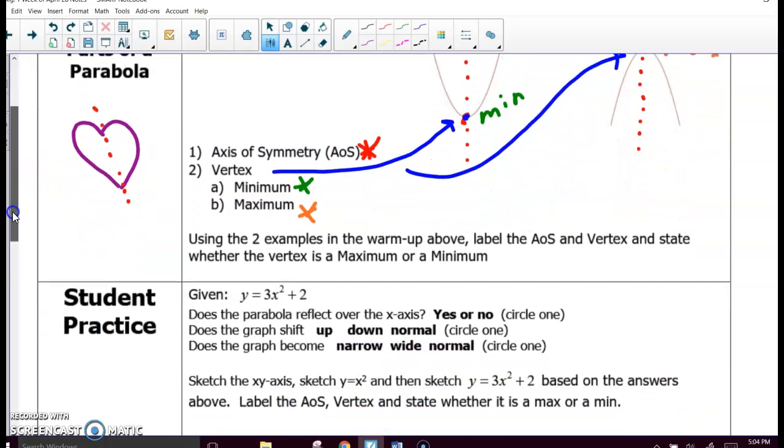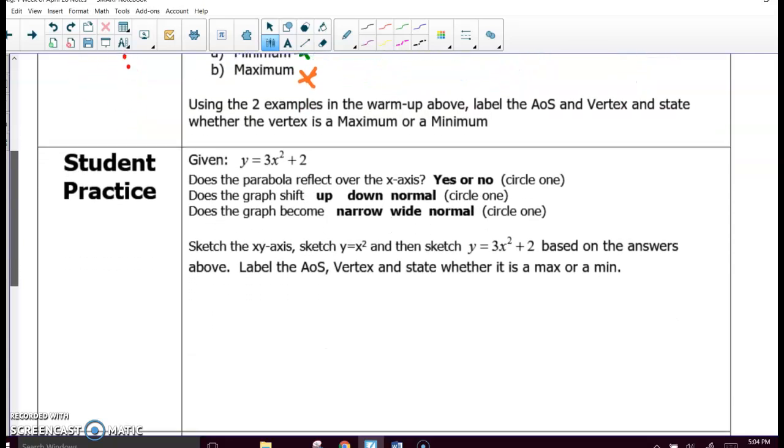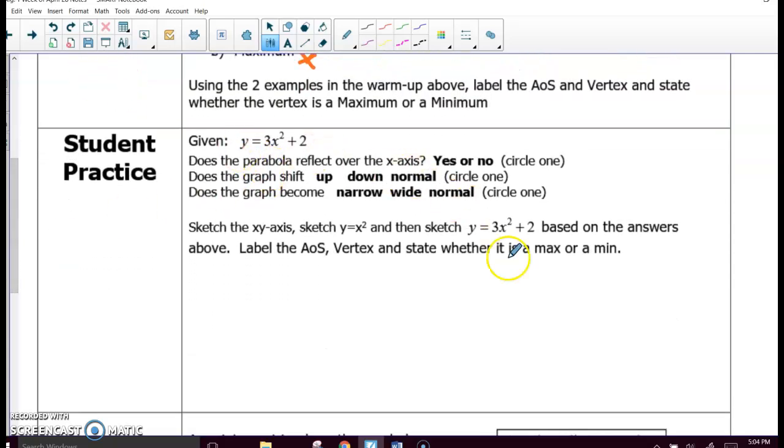Let's review what we've done in the first couple videos. Let's look at the equation y equals 3x squared plus 2. So my question is, does the parabola reflect over the x-axis? And the answer to that is no, because there is not a negative out in front. Does the graph shift?